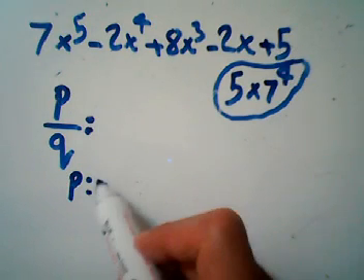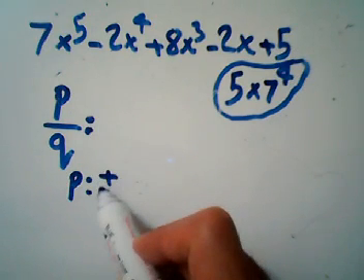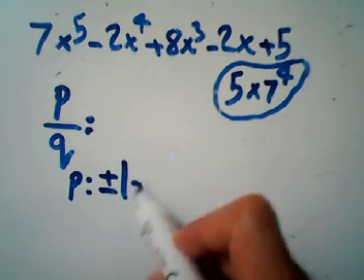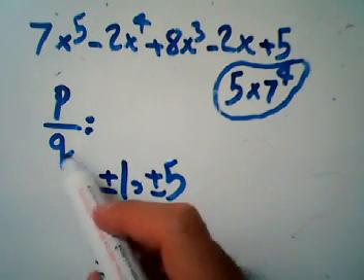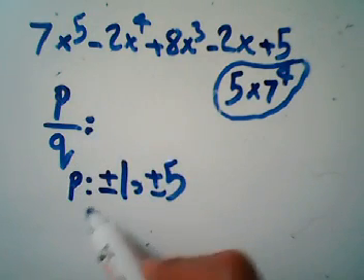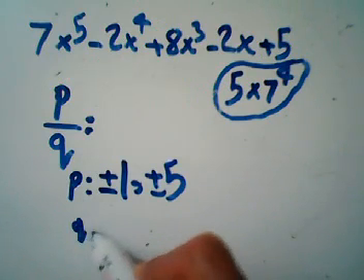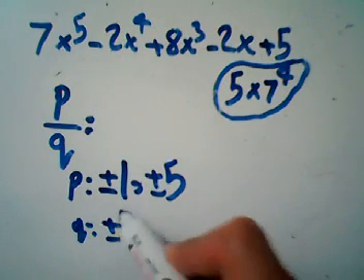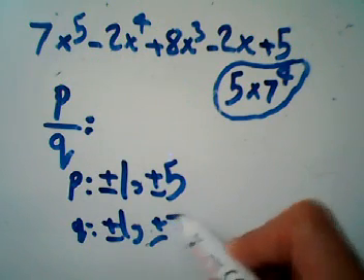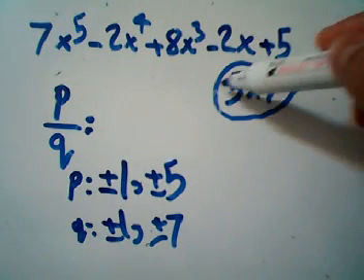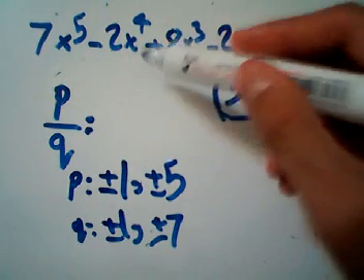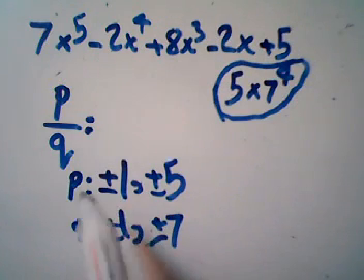What are the divisors of 5? Positive and negative 1 and positive and negative 5. And the divisors of 7, positive and negative 1 and positive and negative 7. Okay, so the possible rational roots, what are the possible rational roots?